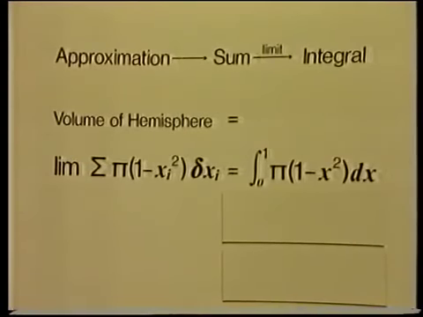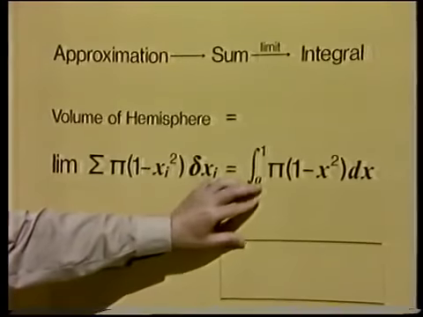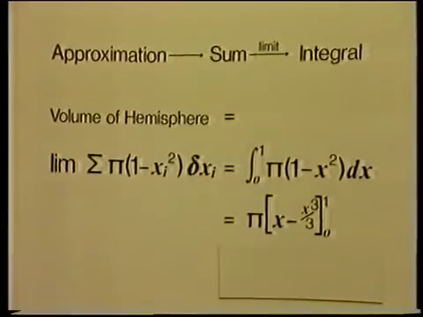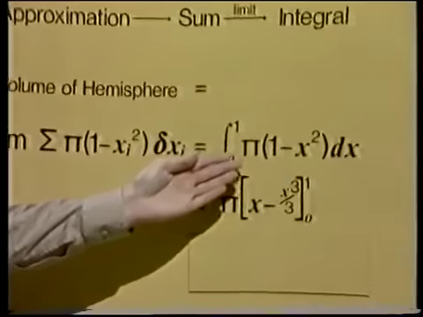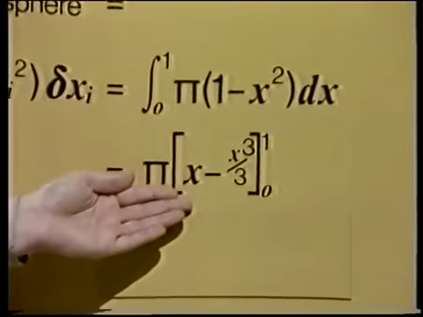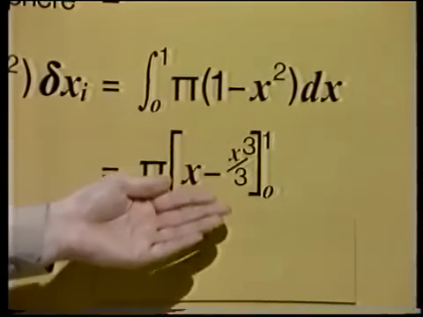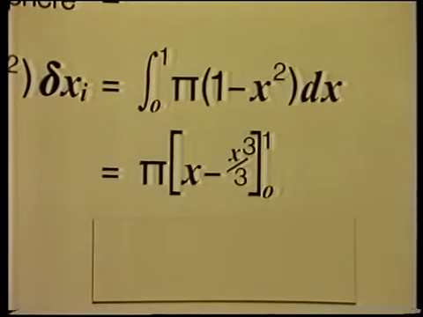Now that's the hard work done, because now we've got an integral and we know how to evaluate this. Pi is a constant. 1 has primitive x, and a primitive of minus x squared is minus x cubed over 3.